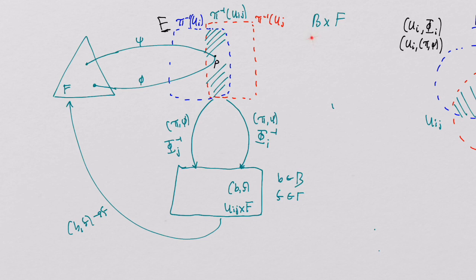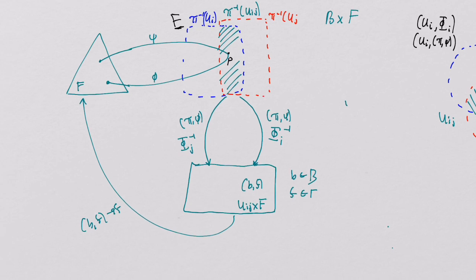The point is, if the total space is not trivial, then I must have more than one bundle chart. And the transitions between these, as we're going to see in a moment, will be more sophisticated in that case.